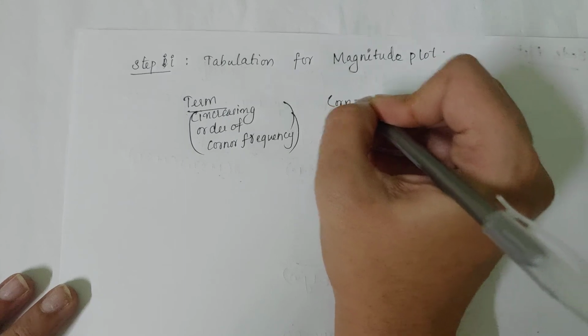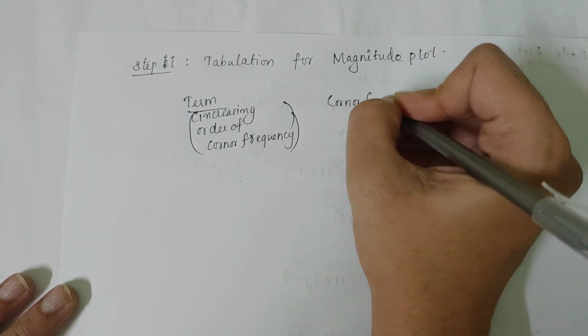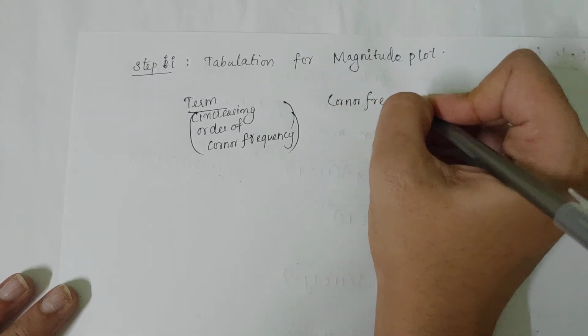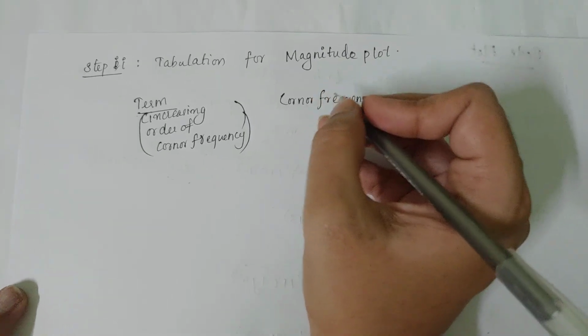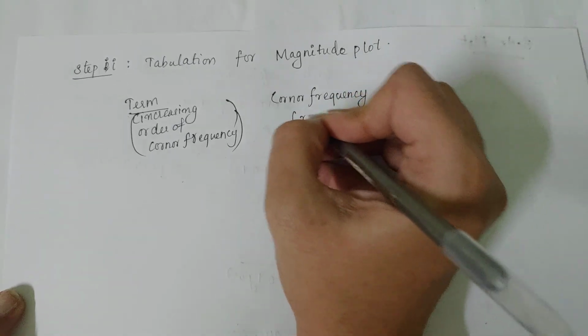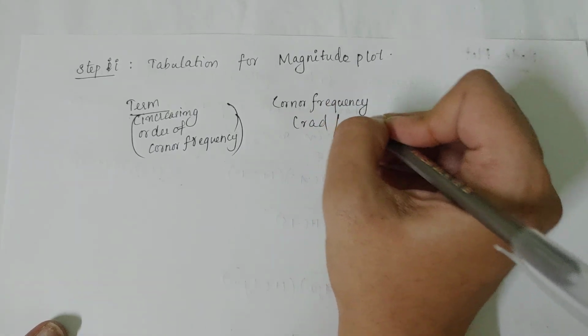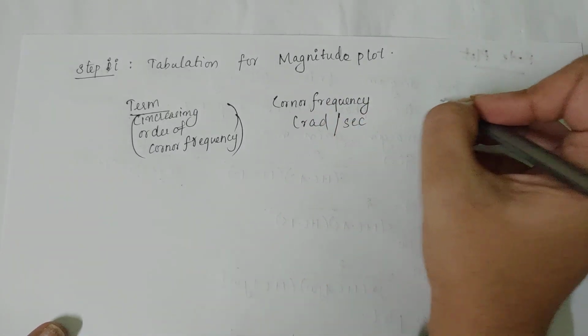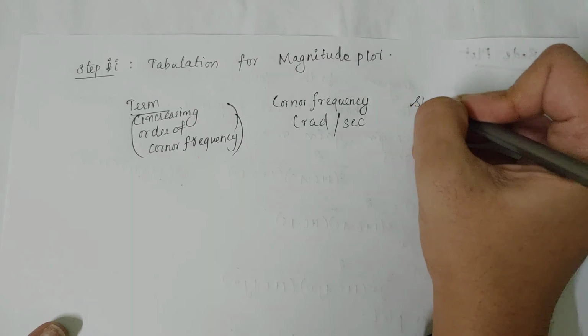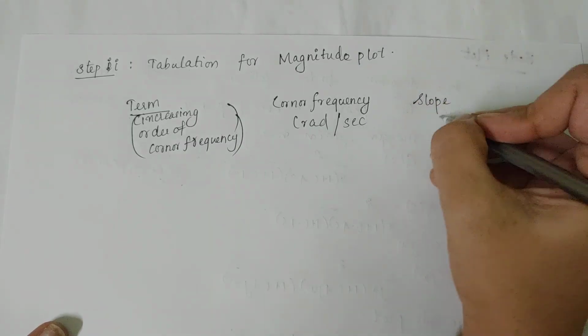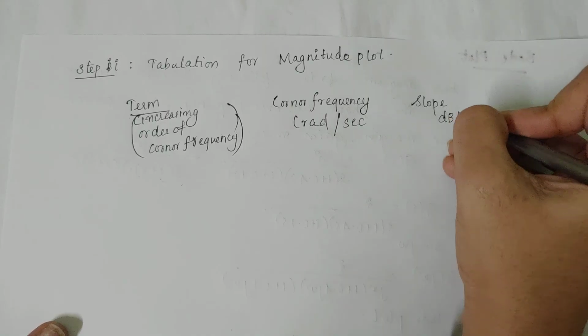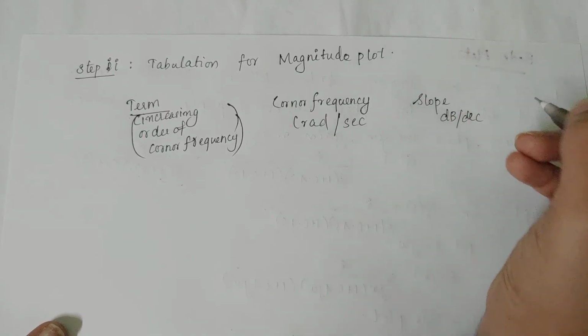Then the next column is corner frequency in radians per second. Then we have slope in dB per decade.